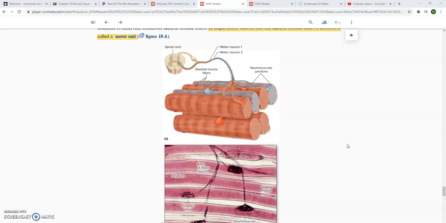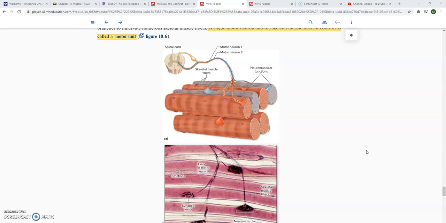So we want more control of those. On our eye muscles we'll have smaller motor units, a motor neuron that maybe just innervates 4 different skeletal muscle fibers or cells.